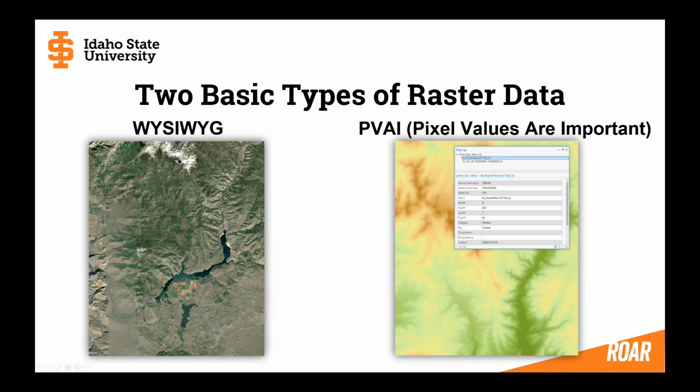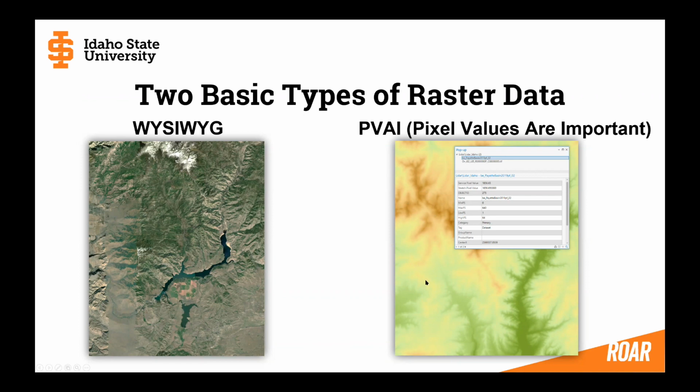In contrast to, now I made this up, pixel values are important, PVAI type of raster data. And we can see in this topography layer here from some LiDAR that there's some differentiation, some greens and some browns and yellows in between.